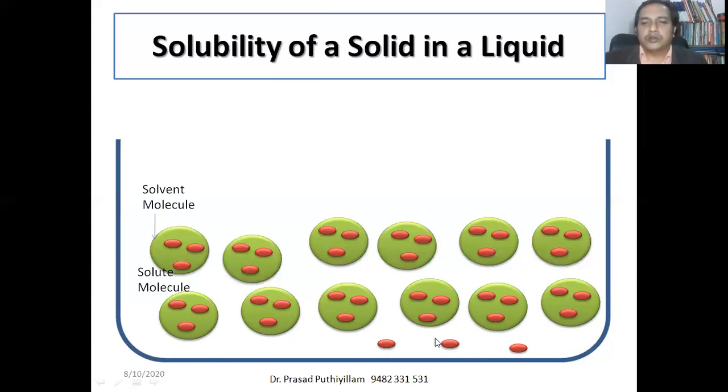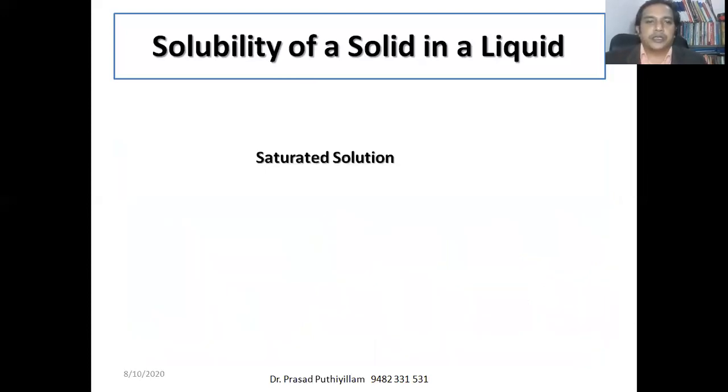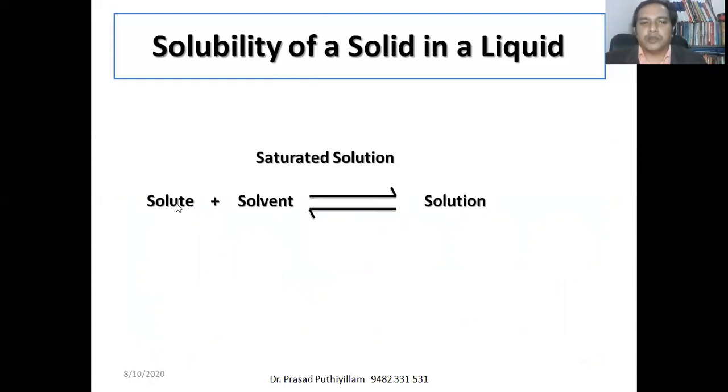So those particles are crystallized out. If I remove that one, then this is the case which we call a saturated solution. In a saturated solution, the solvent and solute combine to form the solution, where the solution is exactly equal to solute plus solvent, and we can specify how much exact solute and how much exact solvent is there.